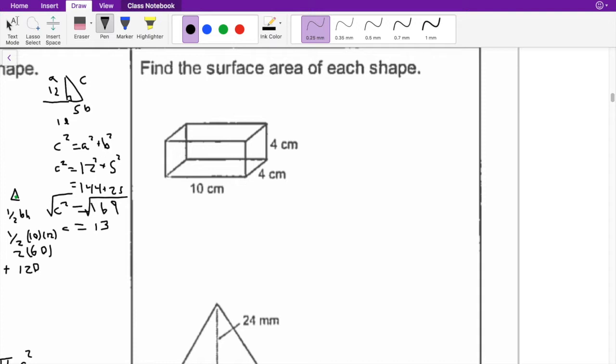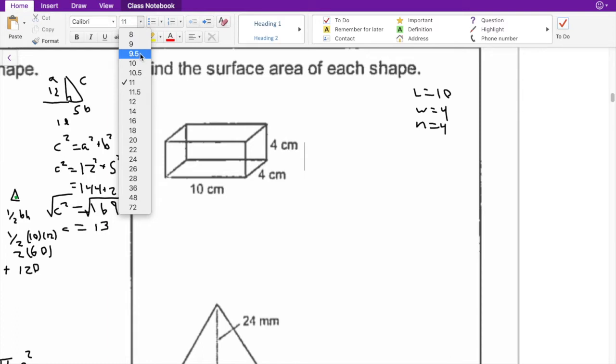Okay, so if we take a look at this first one, if we take a look at the measurements here, our length is going to equal 10, our width is going to equal 4, and our height is going to equal 4. All right, I'm going to type this in so it might be a little bit simpler.